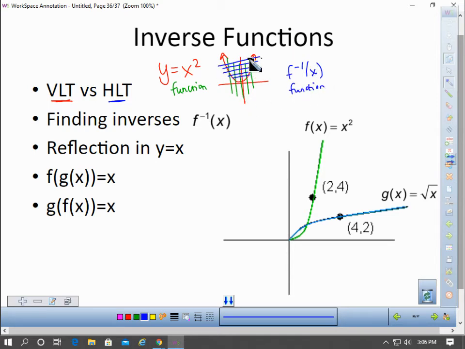Since I draw horizontals and I hit this parabola twice, that means my inverse is not a function. Okay, function means one-to-one, right?